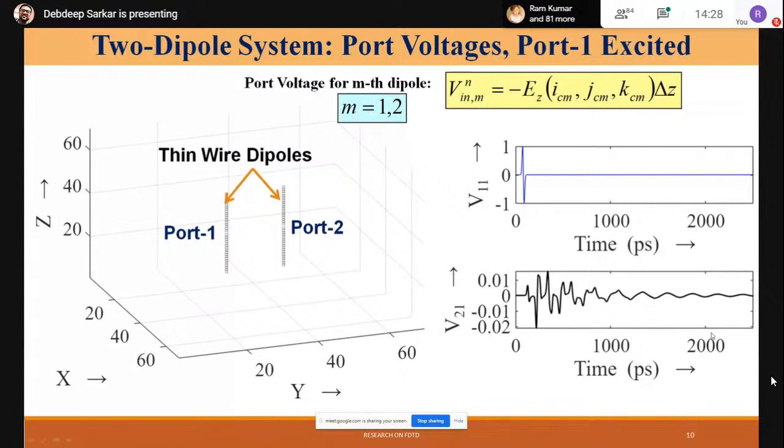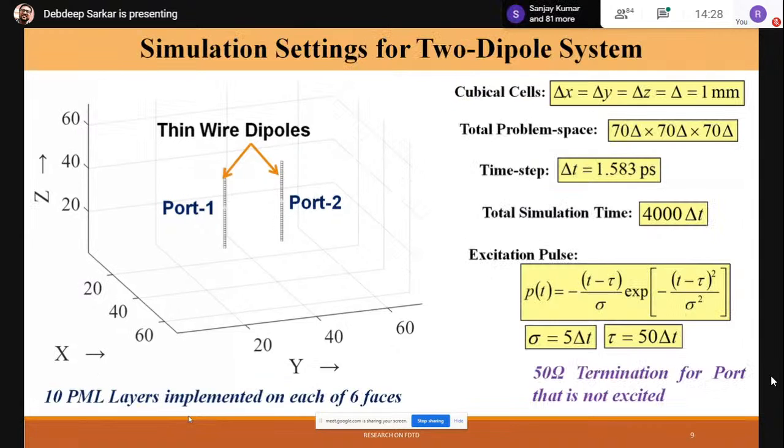I do not go to the end of the thing, but it runs in terms of picoseconds. I already showed that this is 1.583 picosecond and this is 4000 delta T. So you can quickly calculate how far it is going.